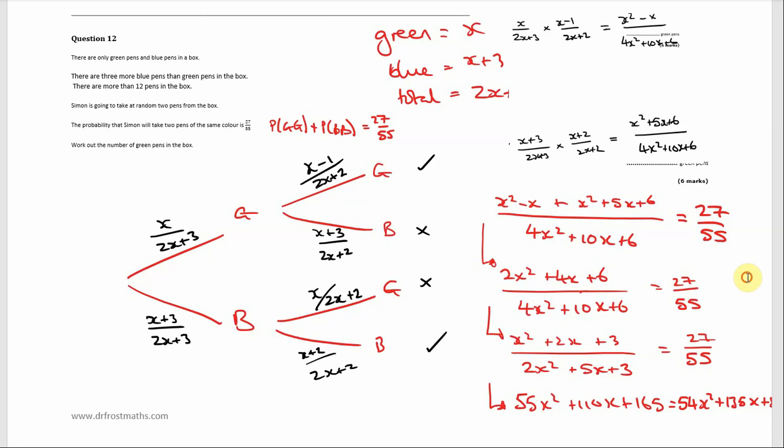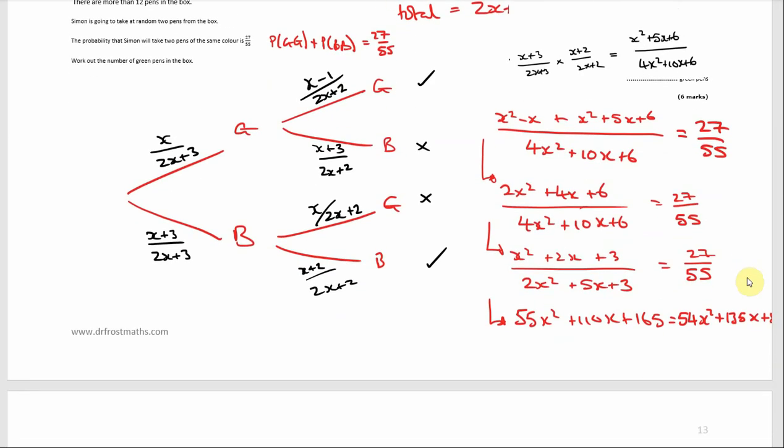I was meant to say 81 and my words chopped it. So let's tidy this up. We're going to get x squared, 110 take away 135, minus 25x, and then 165 take away 81, plus 84. Ugh, this looks disgusting.